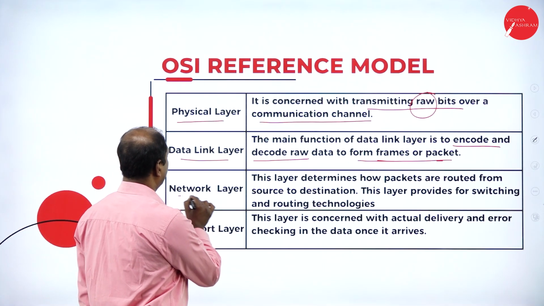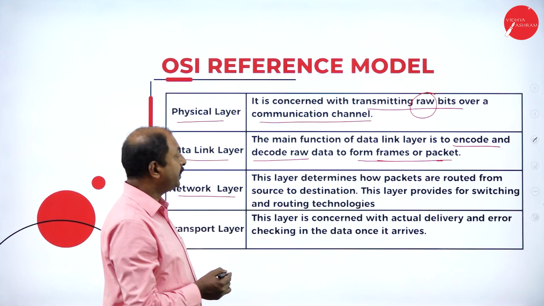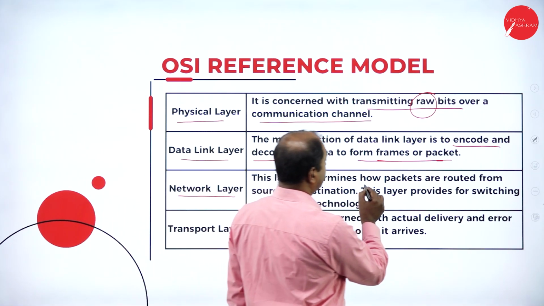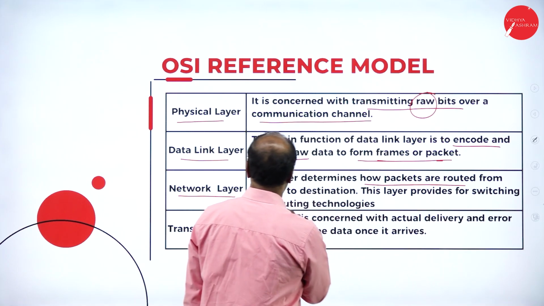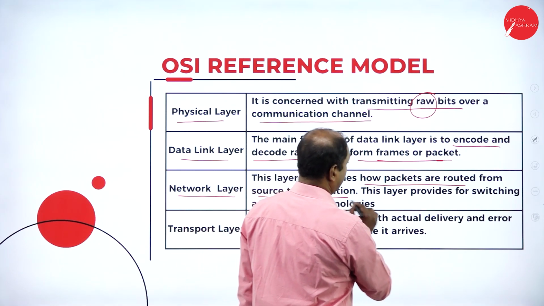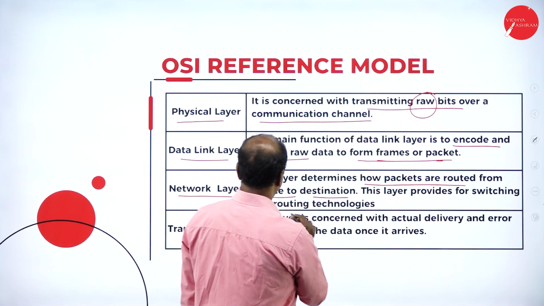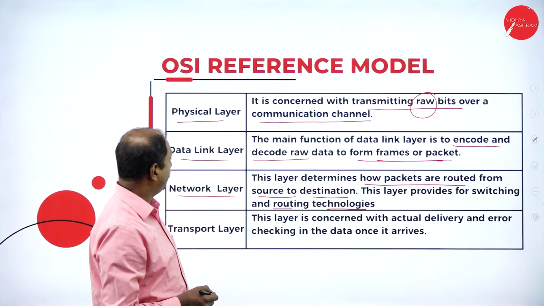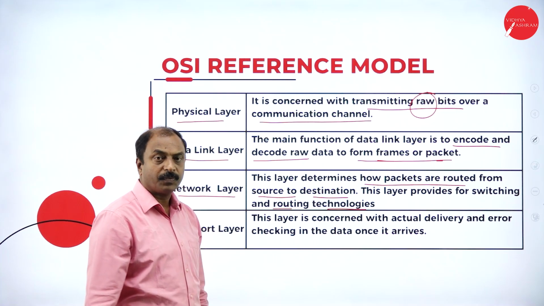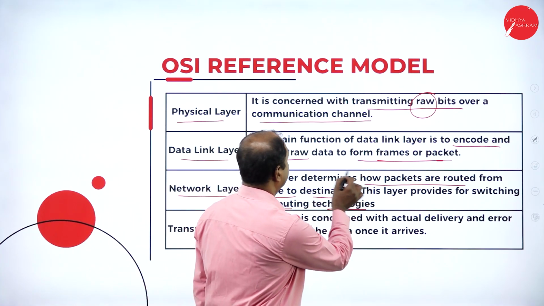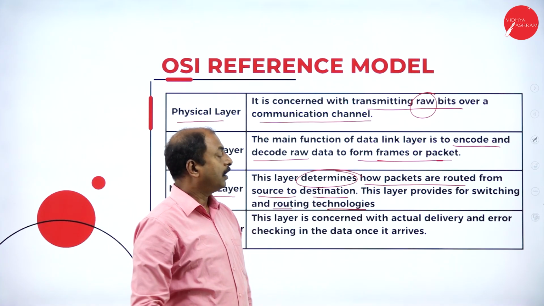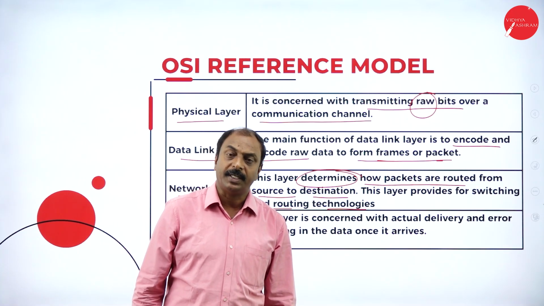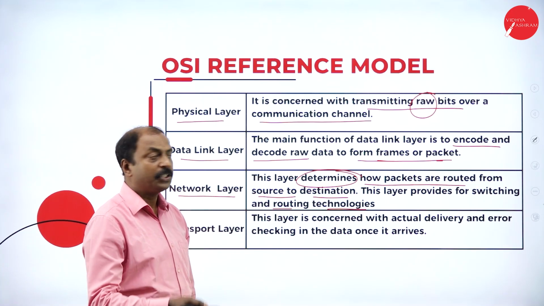Next one is the network layer. So, what is the network layer? This layer determines how packets are routed from source to destination. This layer provides for switching and routing technologies. What's the function of this layer? It is going to determine the best path or route to transmit the data from host to destination.